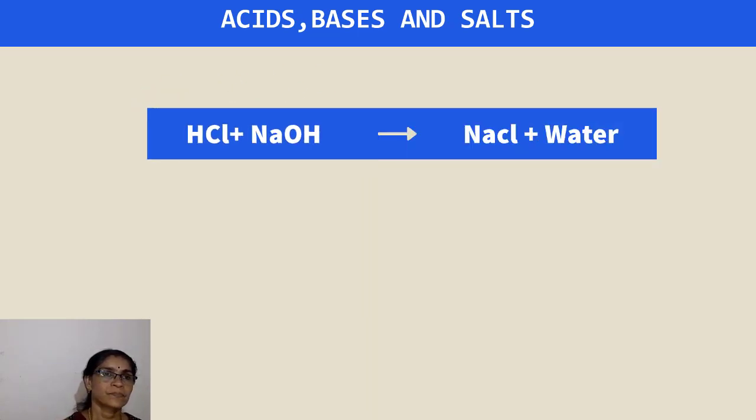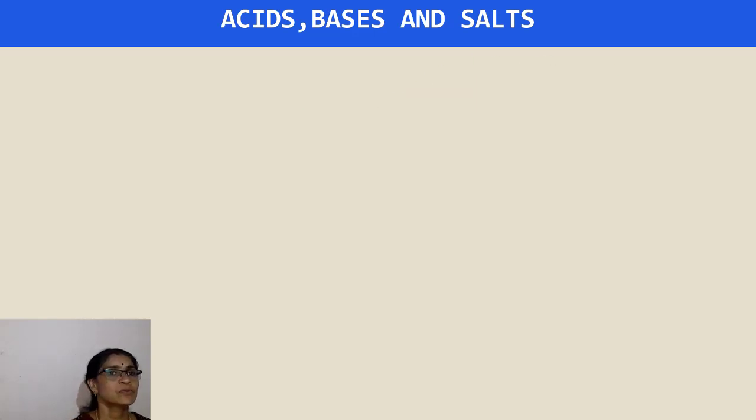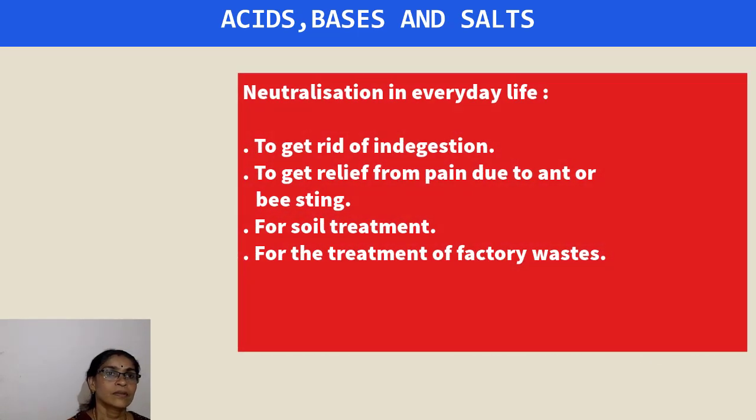Children, this neutralization reaction plays an important role in our life. It has many uses. Let us look at what the uses of this neutralization reaction are. We studied in chapter 2 that our body produces one kind of acid, which is hydrochloric acid.